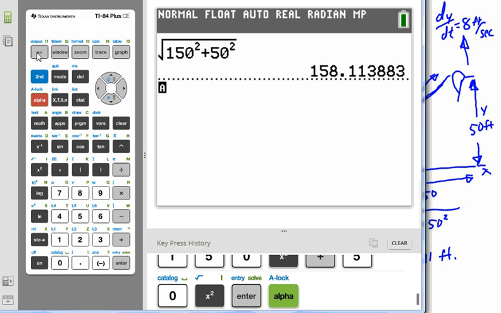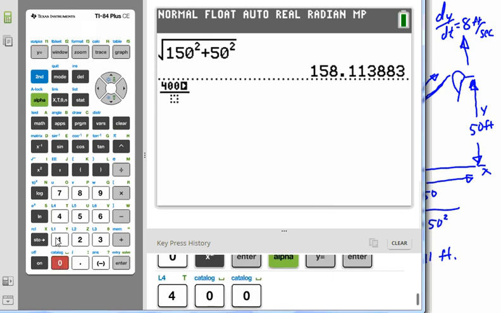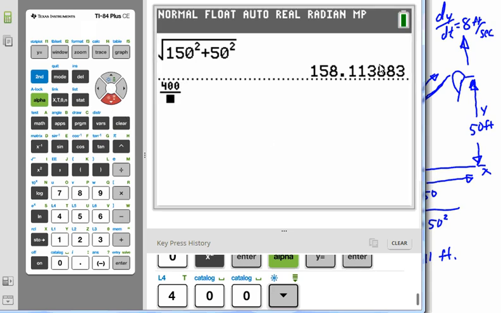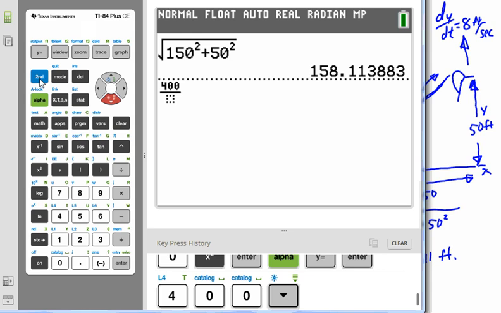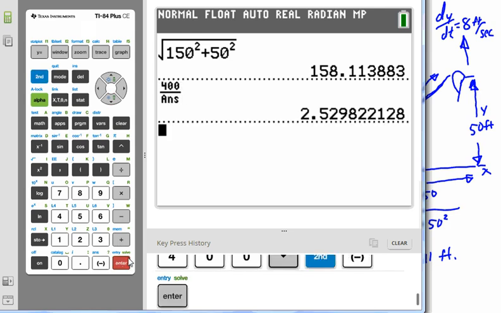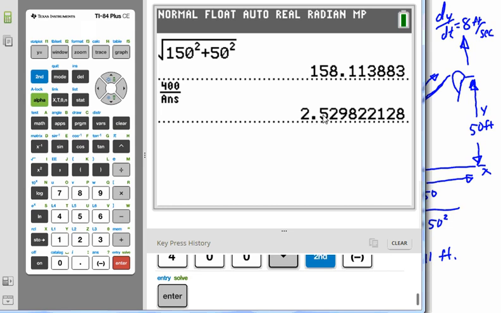We have 400, and we're going to divide by the answer in pure form by pressing second, the negative sign for ans. So we get 2.530, it looks like.